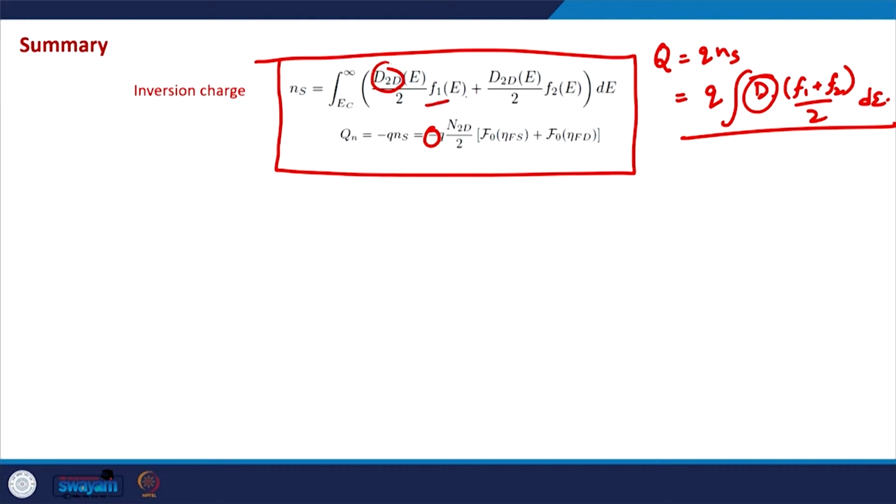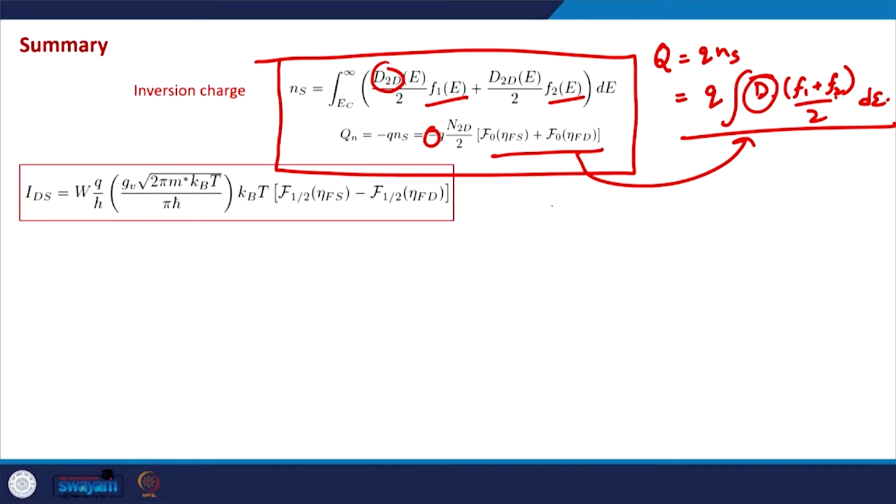F1 is F1e, F2 is F2e. So the inversion charge can be calculated from this simple expression, and the current can be calculated, if you recall, from this expression for a ballistic MOSFET.